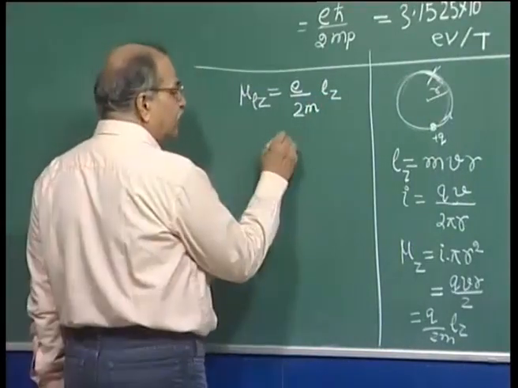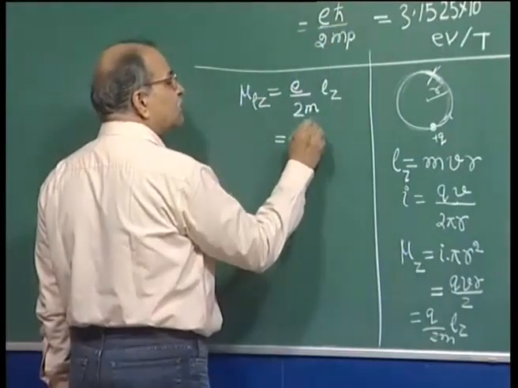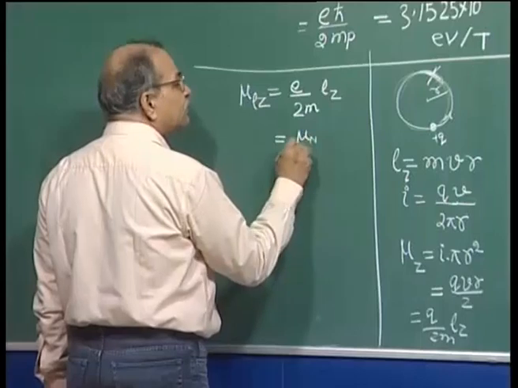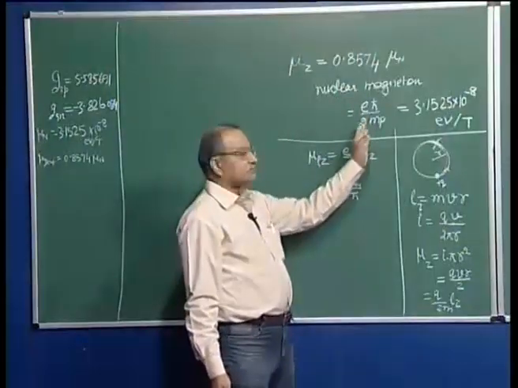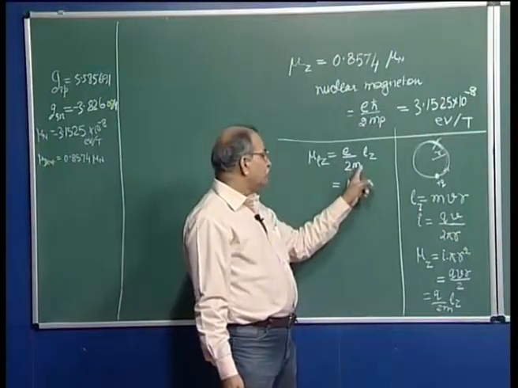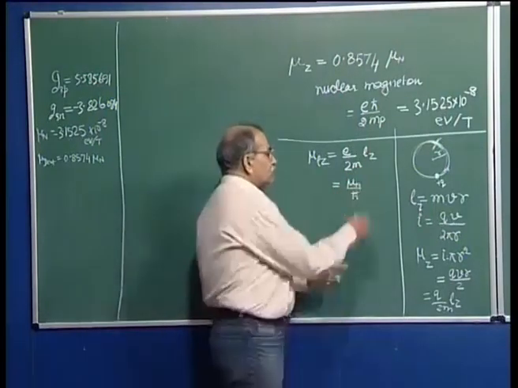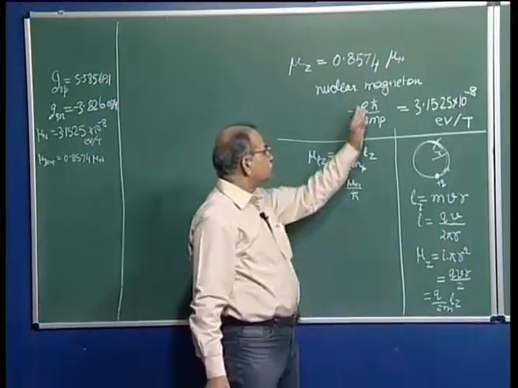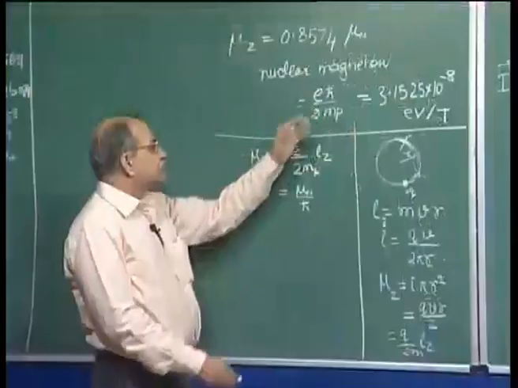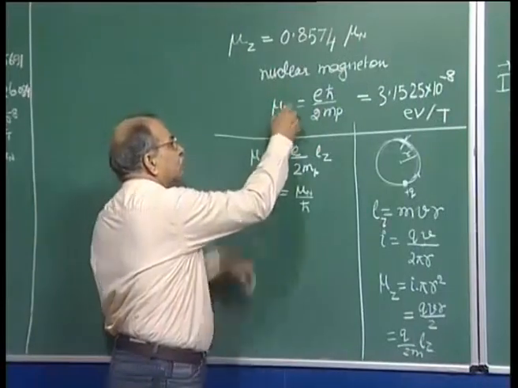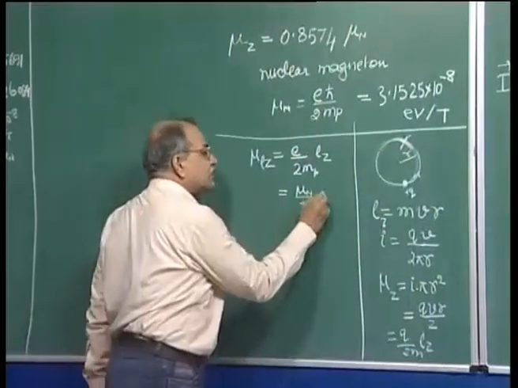Let us talk of the proton. So, this is e divided by 2 times the mass of the proton, and that is mu n, the symbol for the nuclear magneton. So, it is mu n divided by h cross times L z.